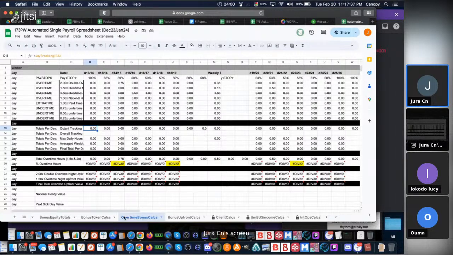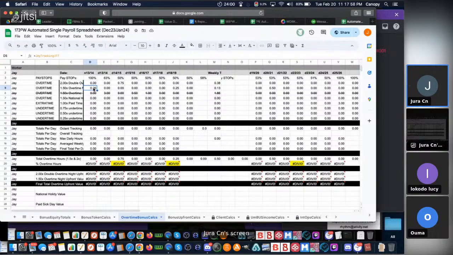One thing in relationship to this is that this is dragged down all the way. So F2, right? This is F5, F2, pay stops. Yeah, so you want to make sure that the pay stops is correct.